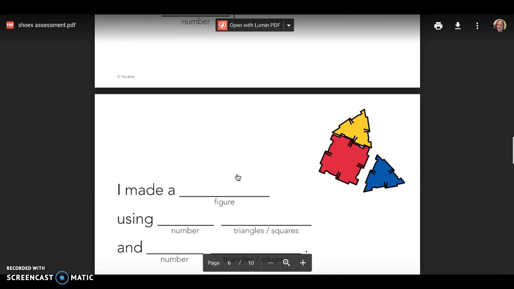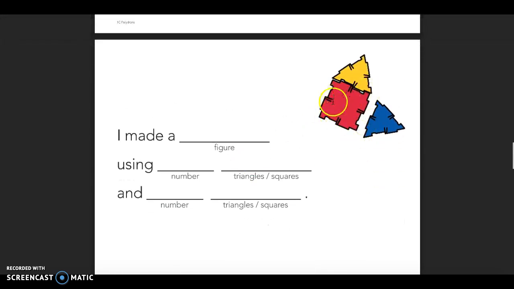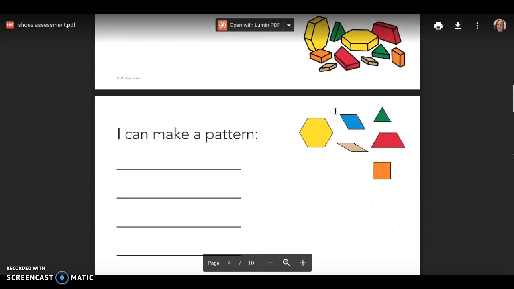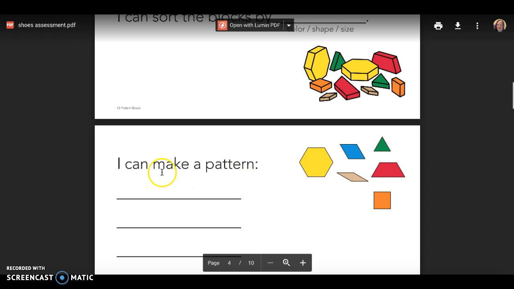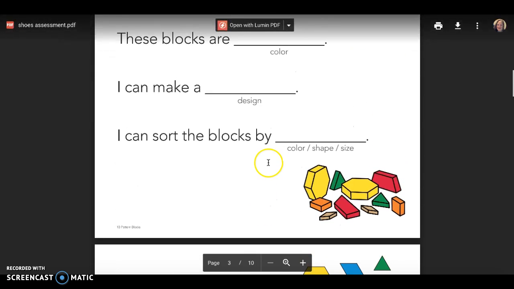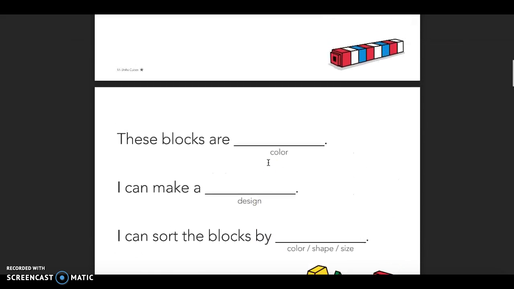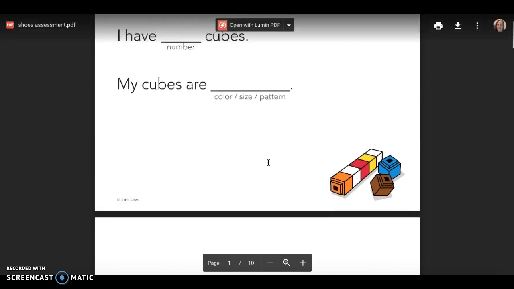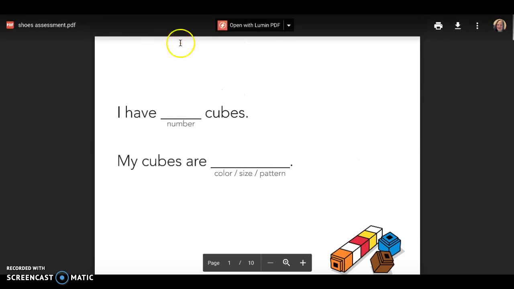Some of this will be more that they use these types of blocks in their centers and the patterns, not that they would be filling out these actual pieces of paper on the first 5 days of kindergarten, obviously. But they are questions that will be posed to them by myself and any other adults in the room on those first couple of days.